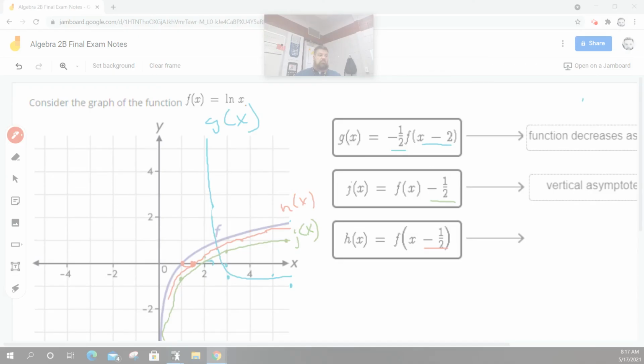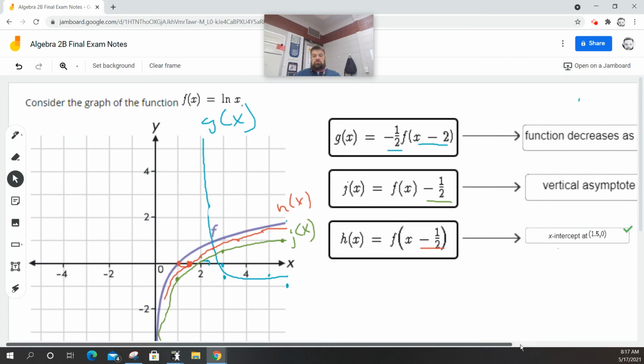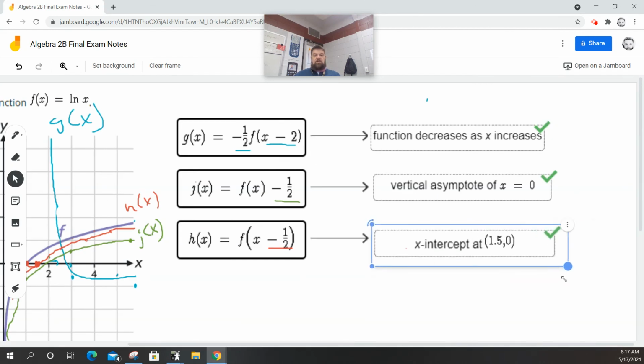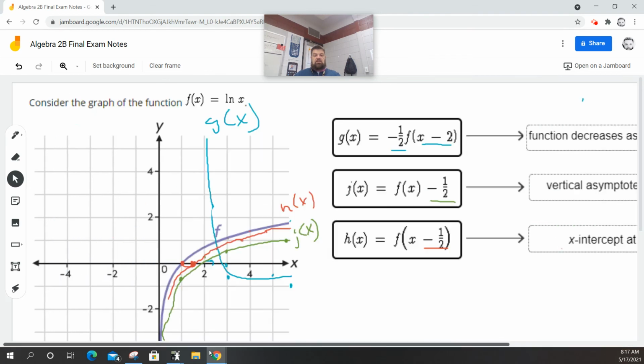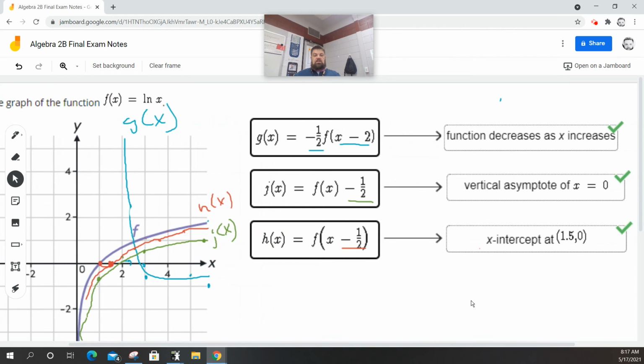And those were really the three. Well, there's a fourth choice, but it's extraneous. We're not going to use that one. So basically, you're just going to think about those transformations, and clearly you can see, like, j of x doesn't have an x-intercept at 1.5, right?